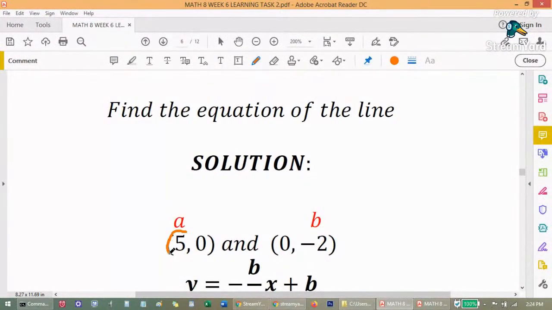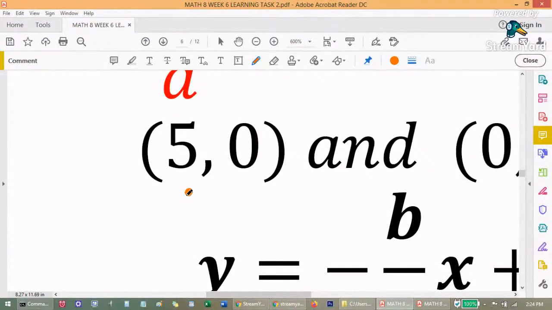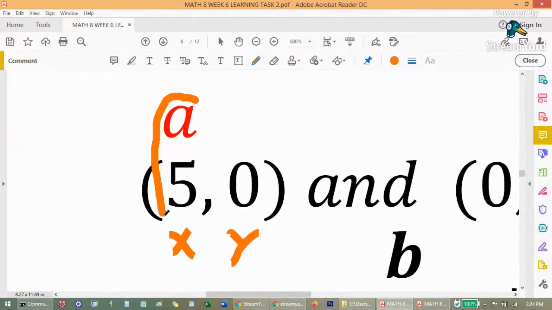Okay, so since, di ba ang point, this is the x-coordinate, ito naman ay y. Since 0 to, and may value ang x natin, ito ang magiging A natin. Okay?